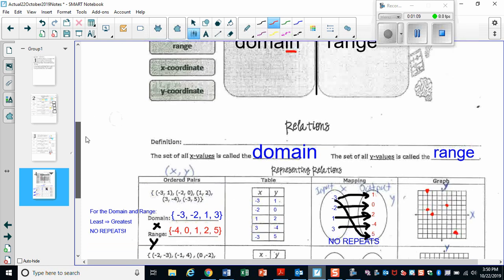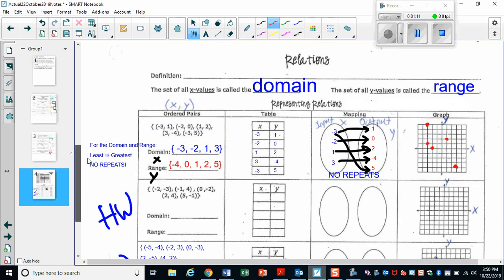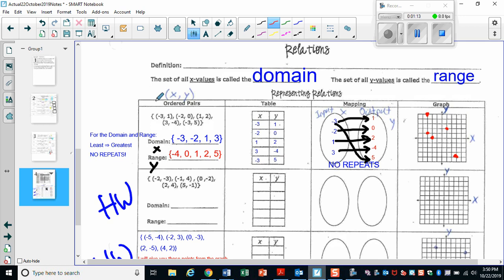The second page of today's activity, we had relations. The definition you actually have from your activity that we did during the first half of class, and you will also see that on Google Classroom. In the meantime, set of all x values, that's the domain.